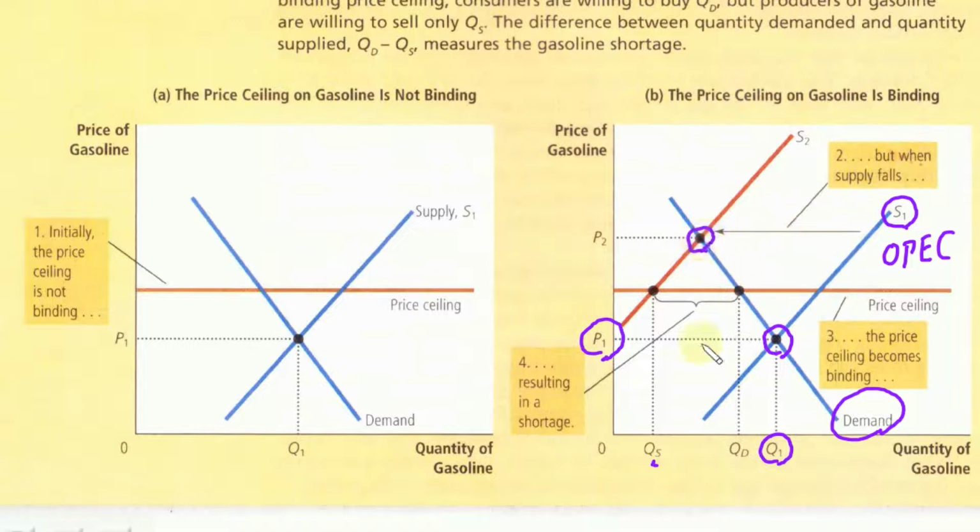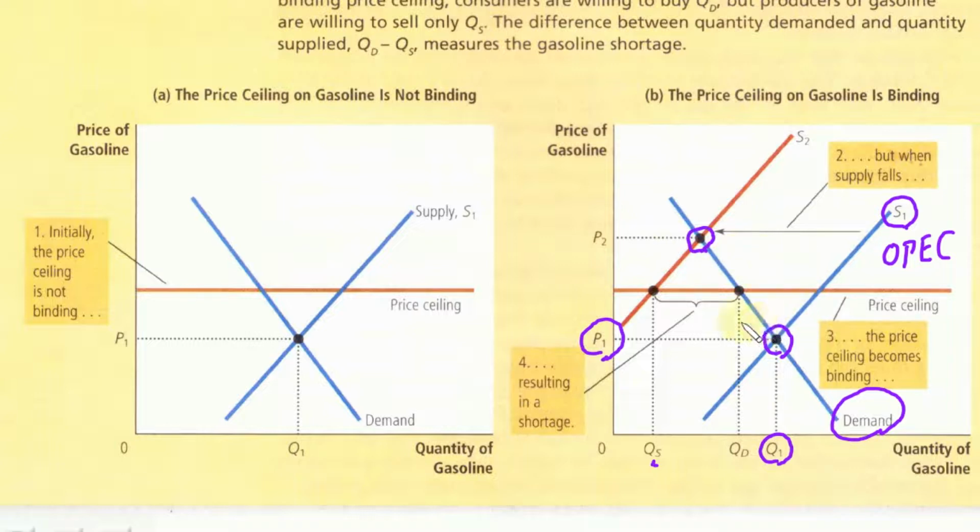So this is the very original estimation. But this will be done in the market when OPEC decides to reduce the quantity of crude oil.